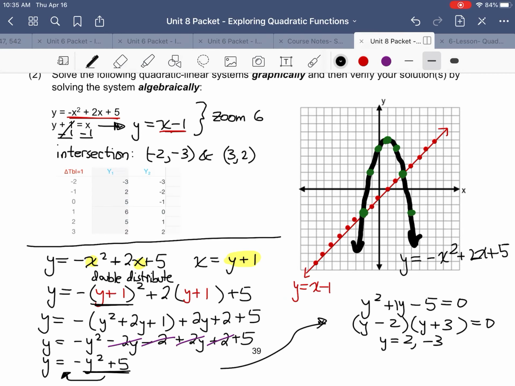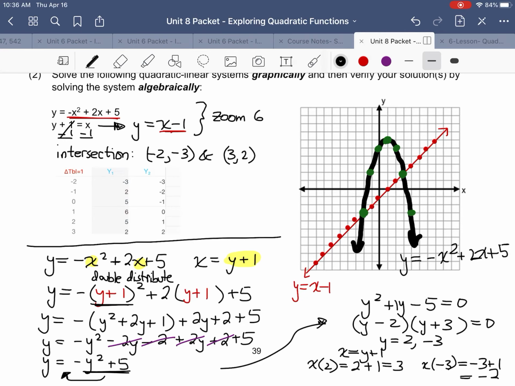All right, we also know that x is equal to y plus 1. All right, so x of 2 is going to be 2 plus 1, which is 3. X of negative 3 is going to be equal to negative 3 plus 1, which is negative 2.